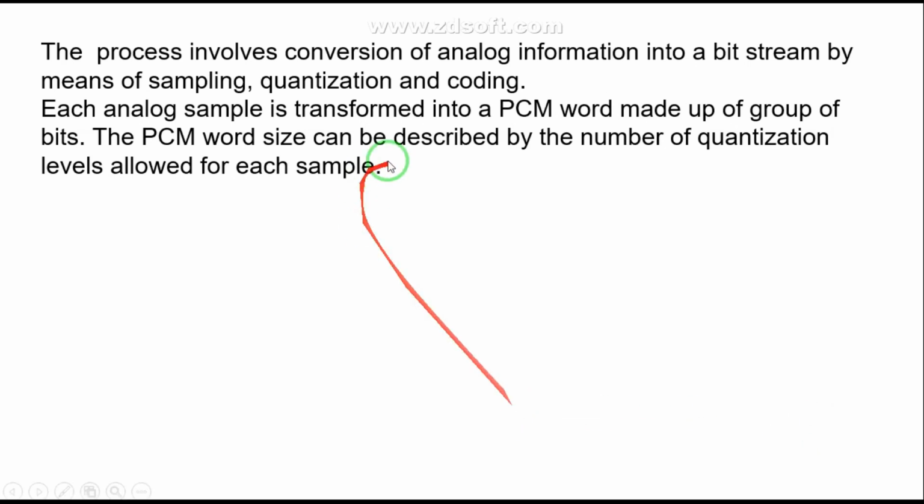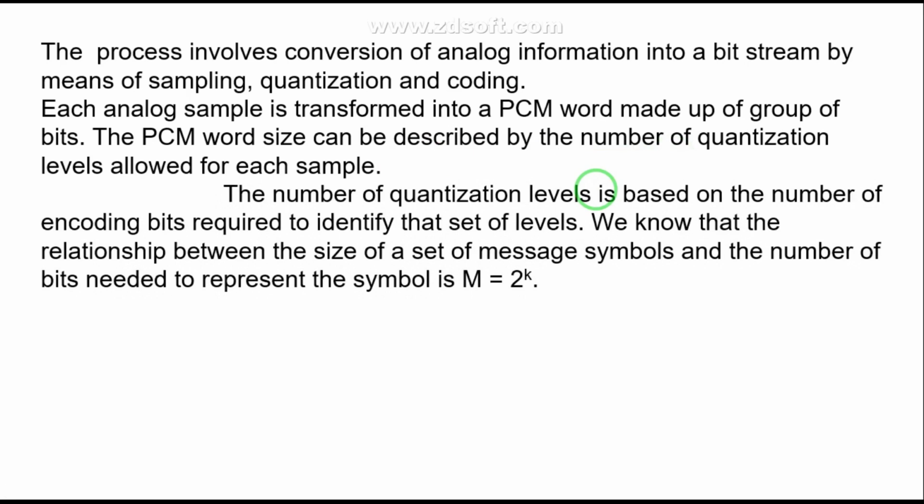The PCM word size can be described by the number of quantization levels allowed for each sample. The number of quantization levels is based on what? The number of encoding bits required to identify the set of levels.